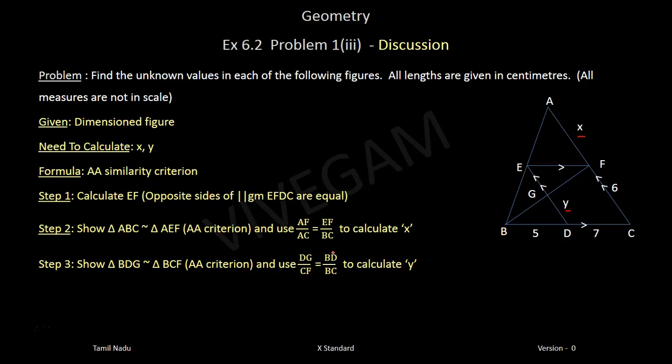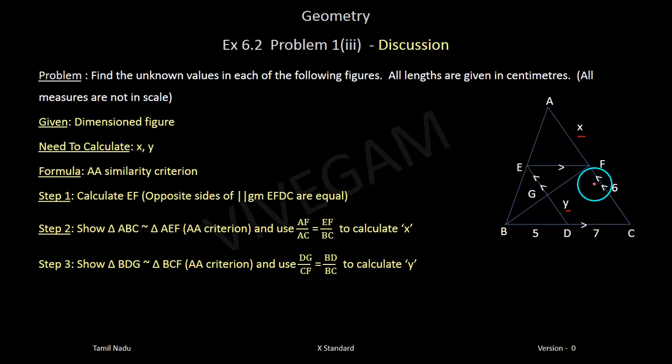Next, similarly, we now need two triangles involving y. You can see this line is parallel to this line, so DG is parallel to CF. So triangle BDG is similar to triangle BCF. How? This angle DBG is common for both triangles.